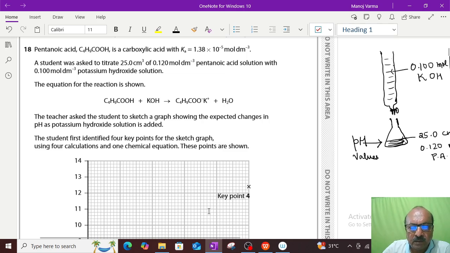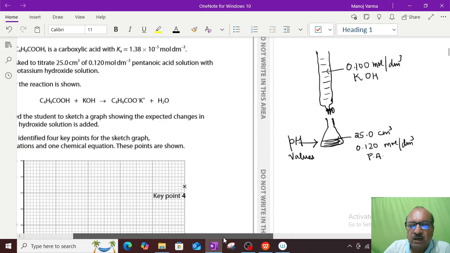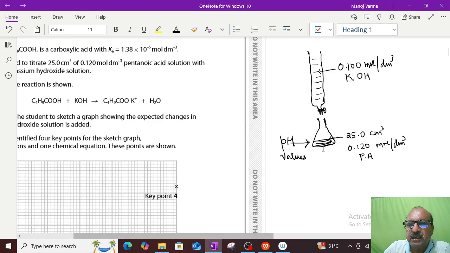So for such questions, it is helpful that a student tries to visualize what is happening, what is being taken in the flask, and what has been taken in the burette.